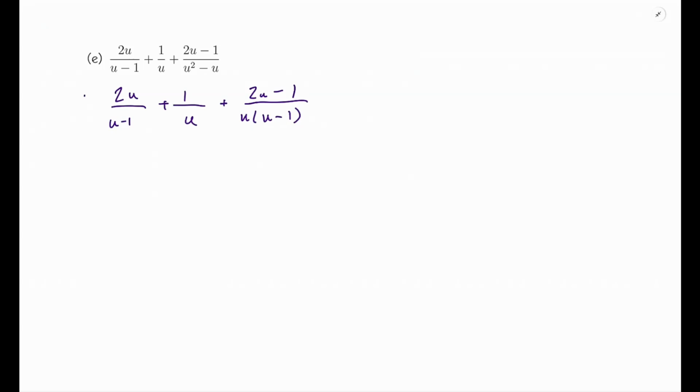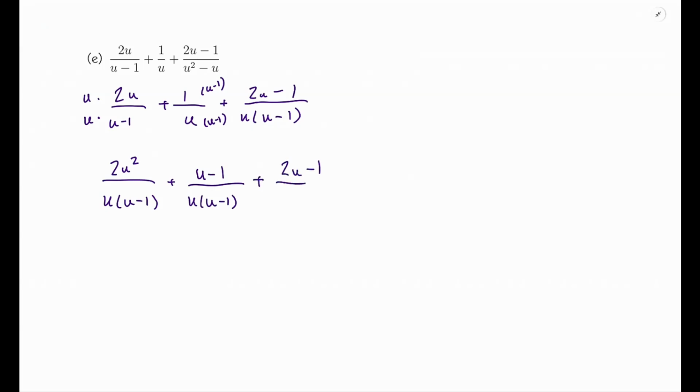So I'm going to multiply the first fraction by u and u, and my second fraction by u minus 1 and u minus 1. So we get 2u squared over u times u minus 1, plus u minus 1 over u times u minus 1, plus 2u minus 1 over u times u minus 1.